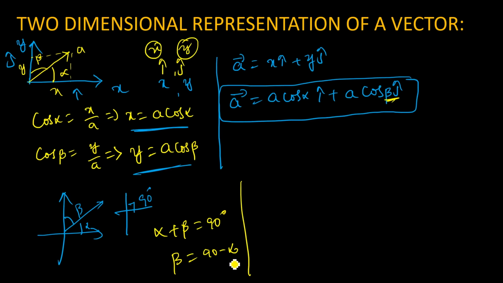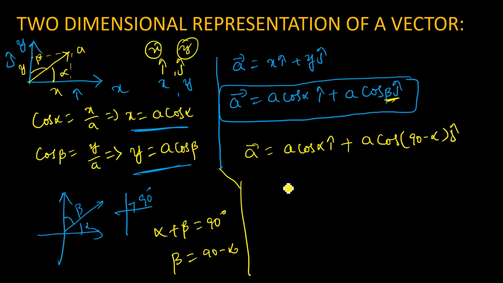So A bar equal to A cos alpha i cap plus A cos(90 minus alpha) j cap.